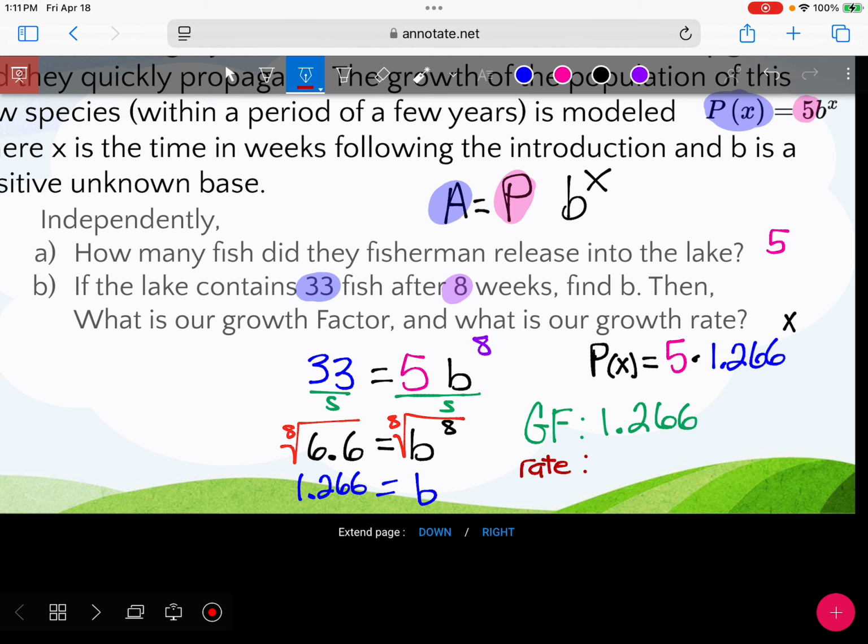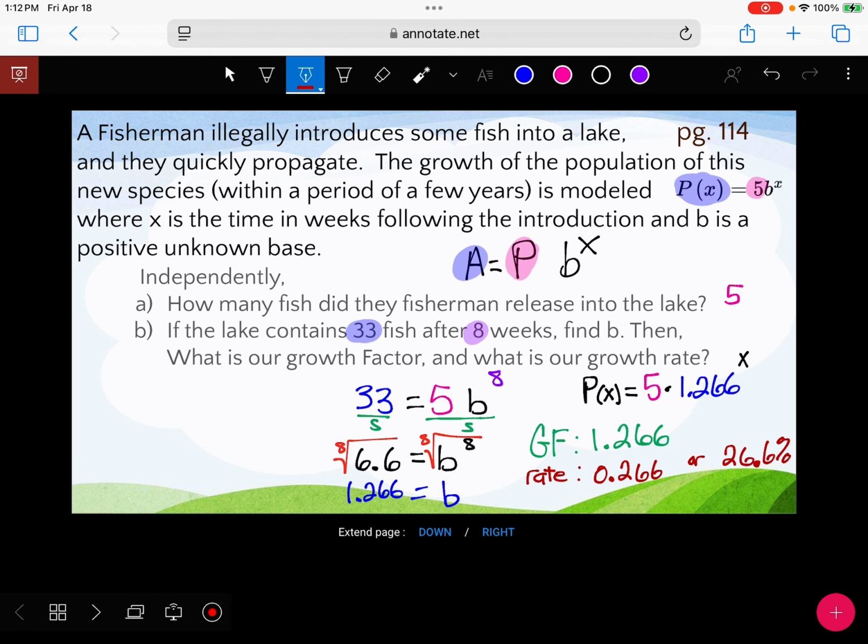So our rate is either as a decimal, 0.266, or as a percent, 26.6%. Both would be okay as our rate. Sometimes we will specify that we want our rate as a decimal. Sometimes we don't specify, and it's okay if it's a decimal instead of a percent. So these fish are reproducing at a rate of 26% growth each week. That is some very fast growing fish.